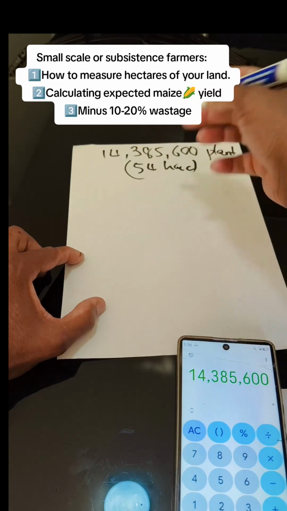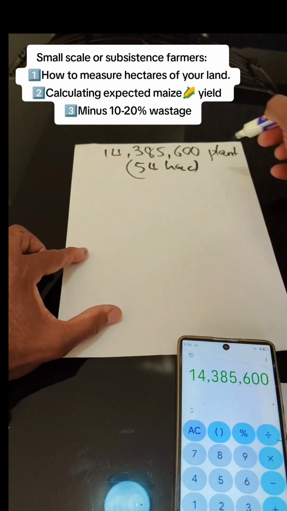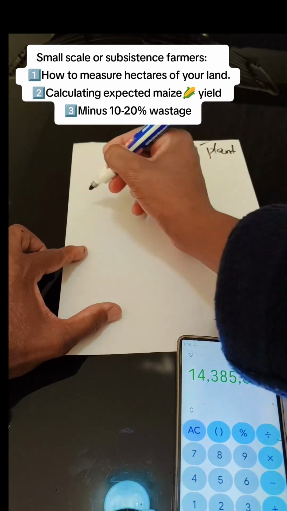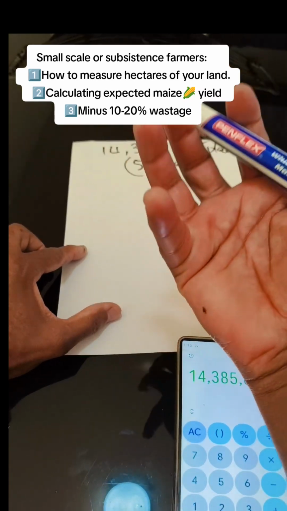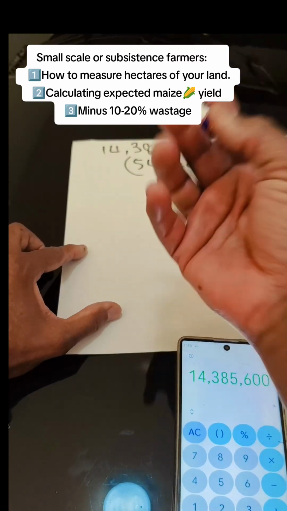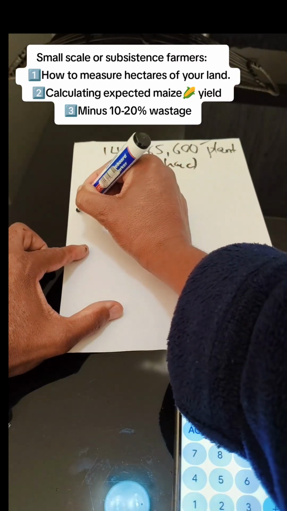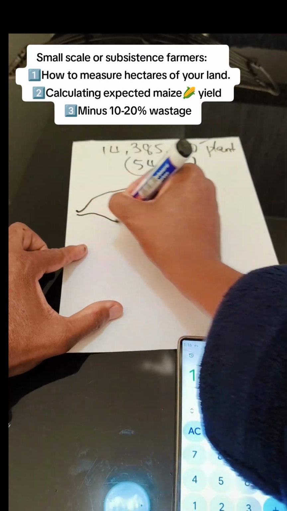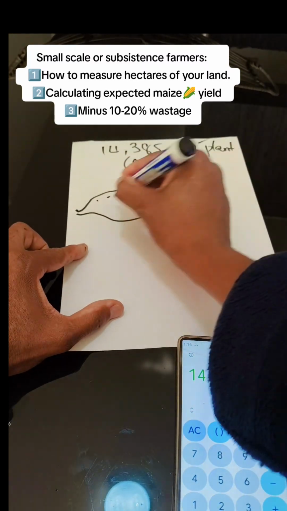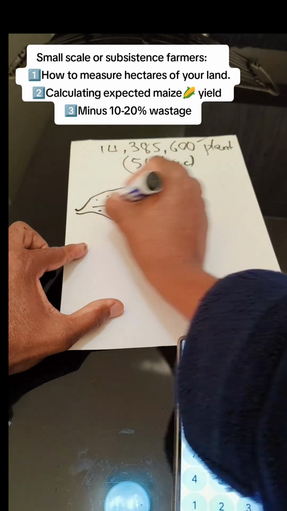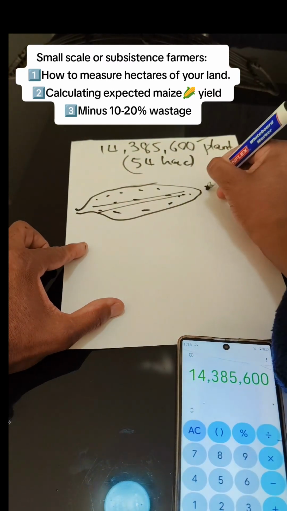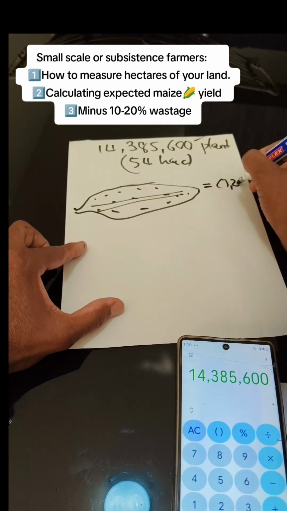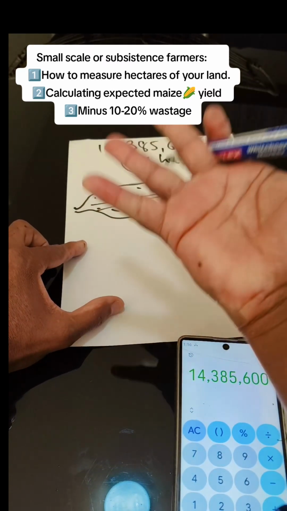Now you want to know how much maize there is. If these are all your plants, and for every plant you have weighed the corn, remember last time on my previous tutorial, to make it simpler, one maize corn equals 200 grams, because you have weighed it with a scale.